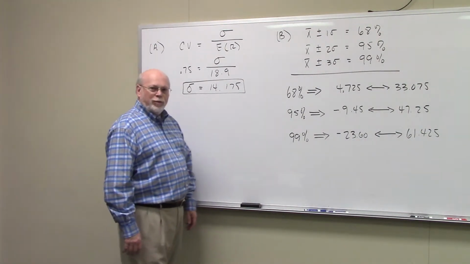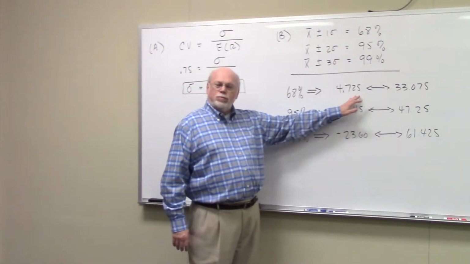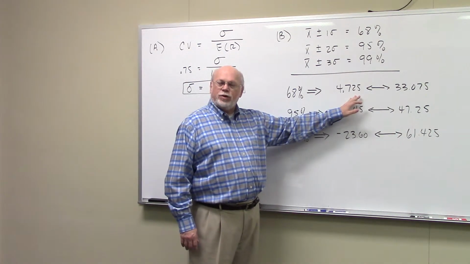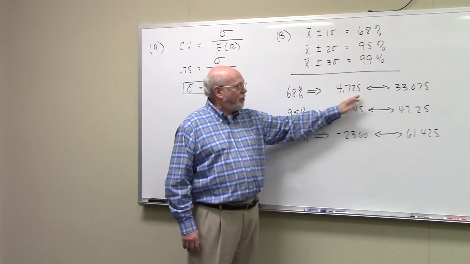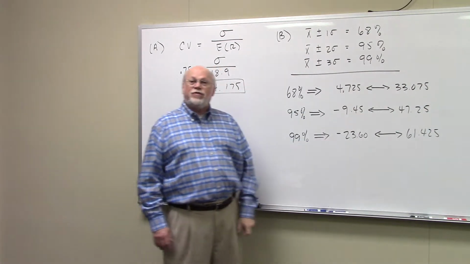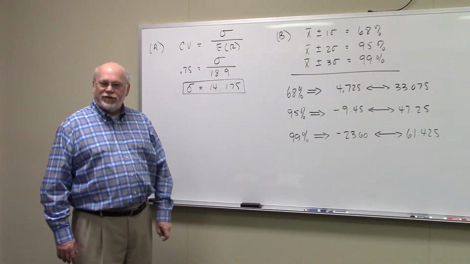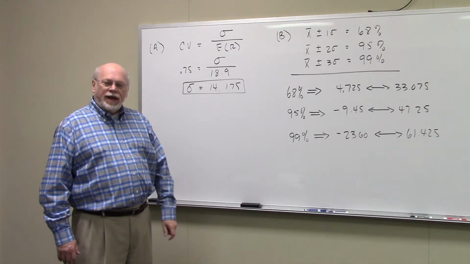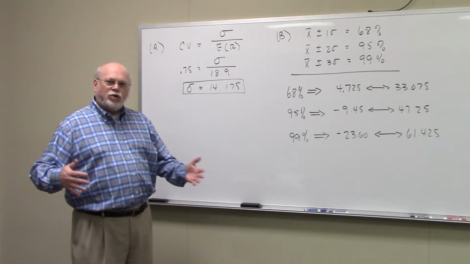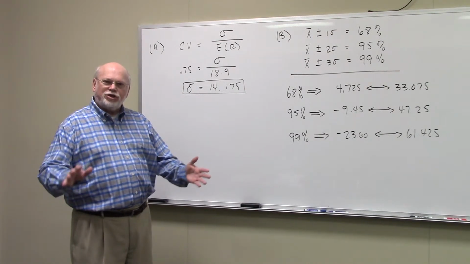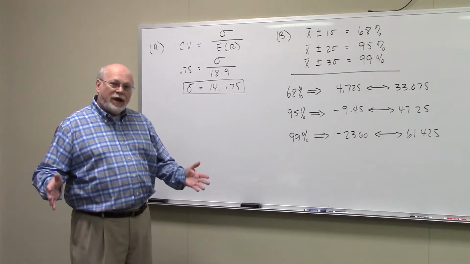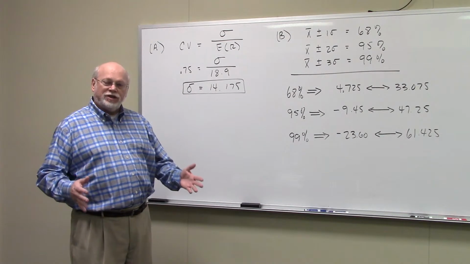So what you tell your boss is that, well, we're 68% confident that the return on this asset will be somewhere between 4.75% and 33.075%. Now again, that sounds sort of strange to a boss or a client, so you should be ready for that. But that's how you explain a confidence interval.